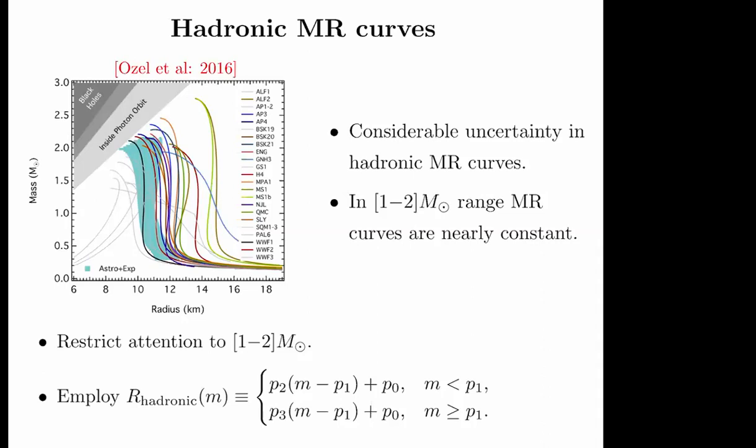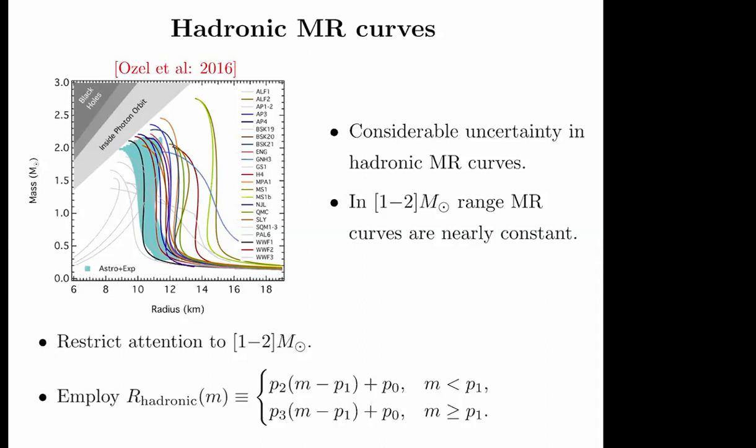The theoretical calculations that are used to generate these MR curves are yielding considerably different results. It is a consequence of the fact that the theoretical calculations that generate these curves have considerable uncertainties in them. The microscopic equations of state are unknown.